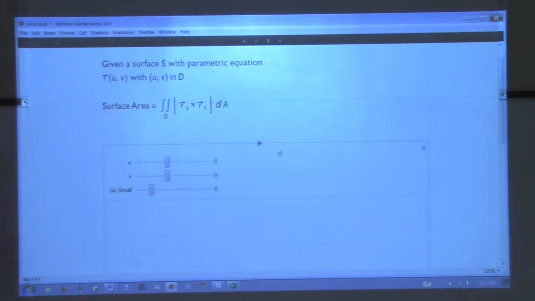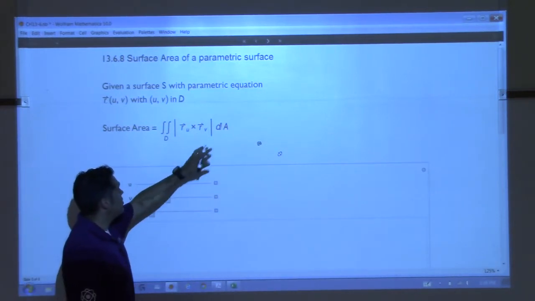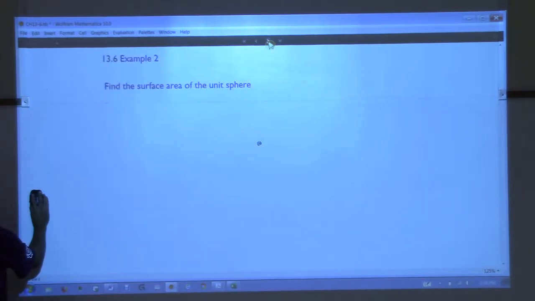The double integral over D of the magnitude of the cross product of two vectors with respect to area. So the surface area is the double integral over D of the magnitude of the cross product of the partial derivatives dA. So we can actually use that to find the area of the unit sphere.